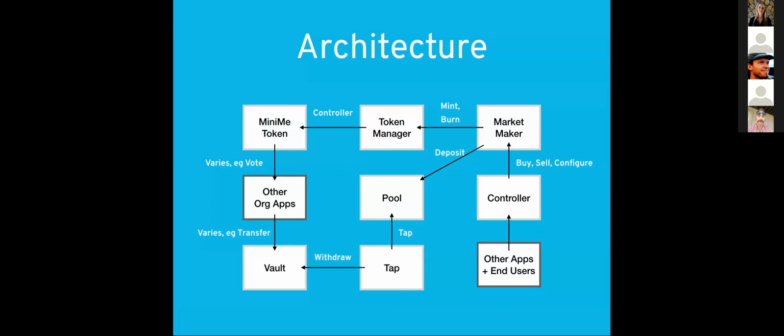So that's the UX end. On the more technical end, we've designed this as a set of modular components, as multiple Aragon apps that can be pieced together and connected to the other apps in the system. The main contract is the controller, which is tied to all of these other components in the default configuration.